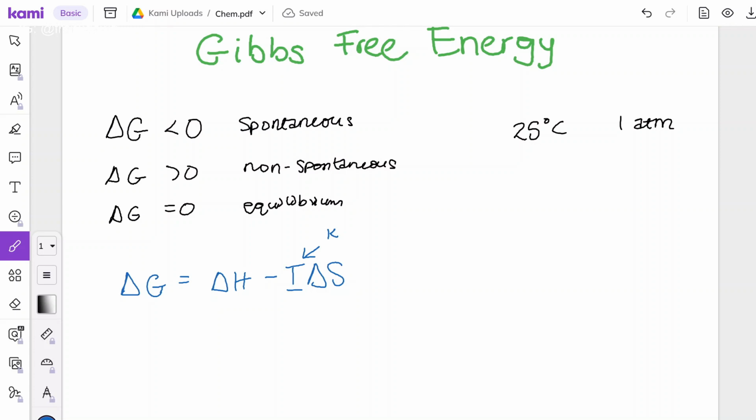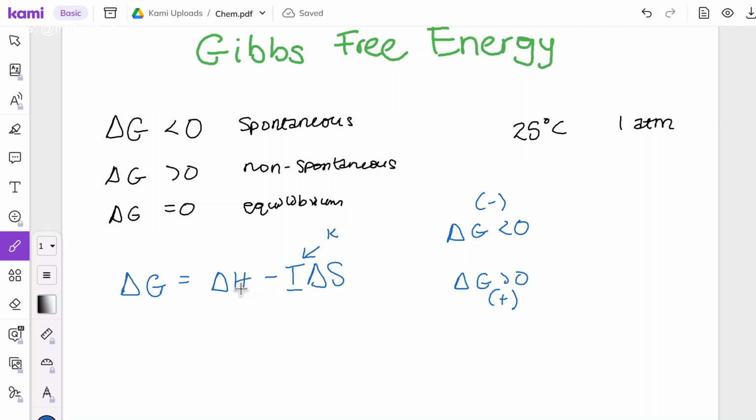With the help of this equation, we can predict when a reaction is spontaneous or non-spontaneous. If you remember from above, when delta G is less than 0, so when it's negative, it's spontaneous, and when delta G is greater than 0, so when it's positive, it's non-spontaneous.